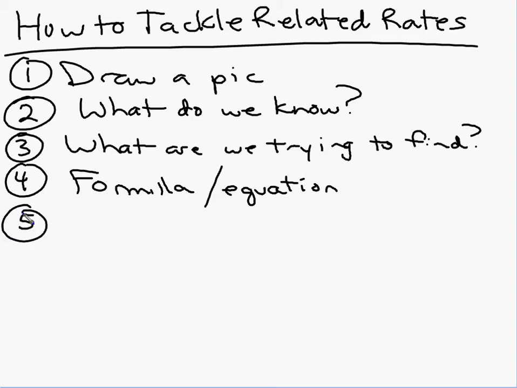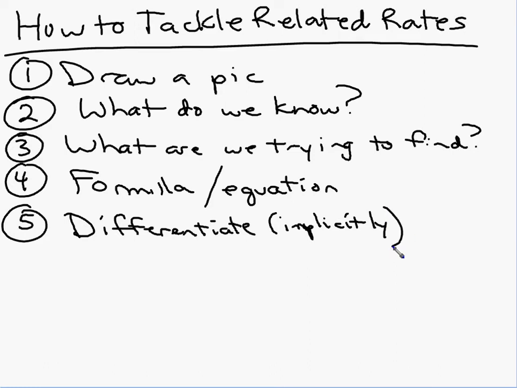Number five, we're going to differentiate. And remember, we are doing that implicitly. Okay, differentiate. Remember, that means find the derivative. Number six is where we substitute and then solve.